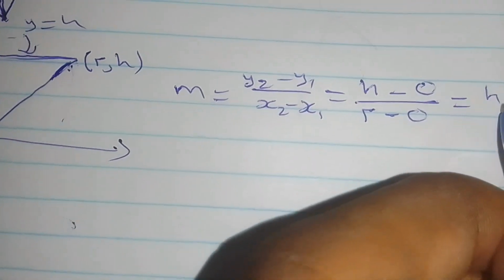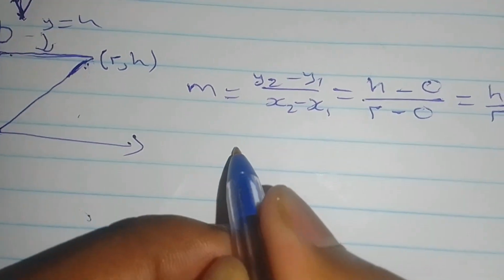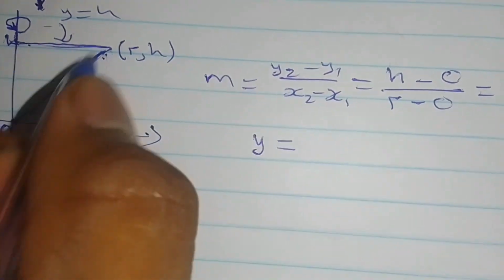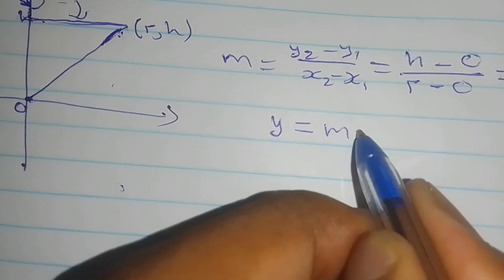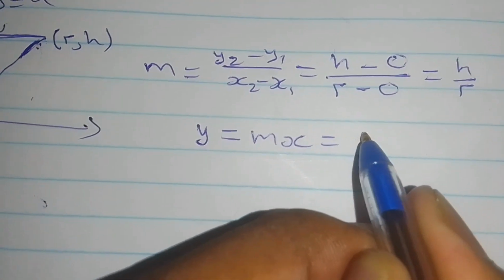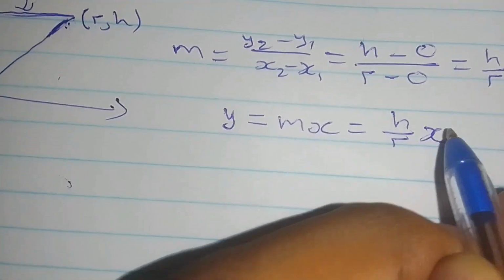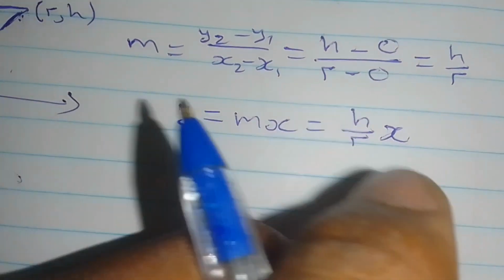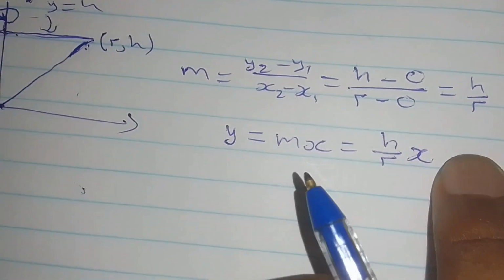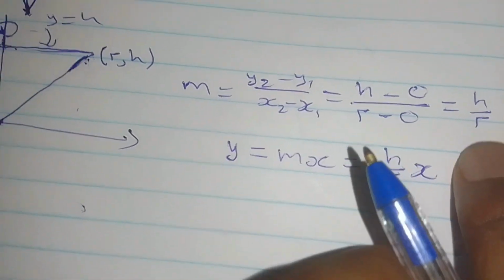So you just have a gradient h over r, and your equation of that line, since it passes through the origin, will just be mx, so it's gonna be (h over r) x.